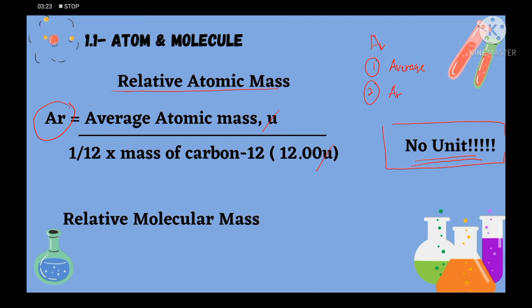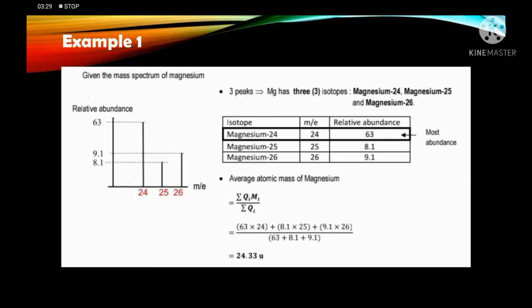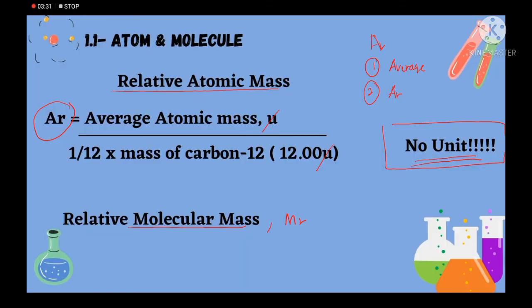And if they ask you to calculate the relative molecular mass, whose symbol is Mr, how is it done? You just add up all the relative atomic masses. Mr is equal to the sum of Ar.